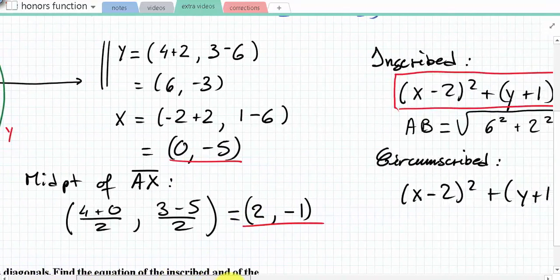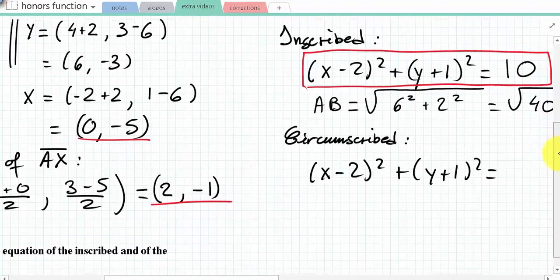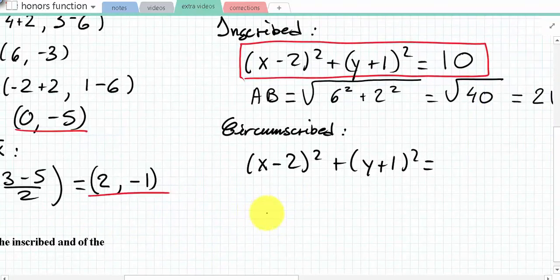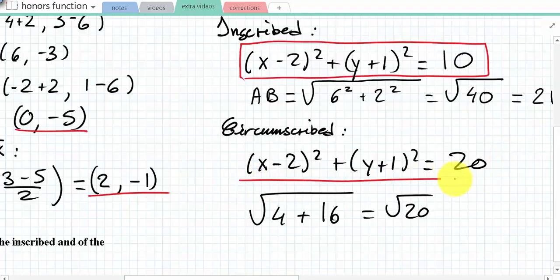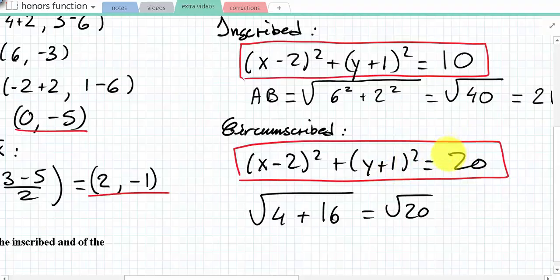So what is the distance between 0, negative 5, and 2, negative 1? So the distance is 2 minus 0, 2 squared, 4, plus negative 1 minus negative 5, so that's 4 squared, 16. It's the square root of 20. You don't need to simplify it because you need to square it right here. And so it is x minus 2 squared plus y plus 1 squared equals 20.